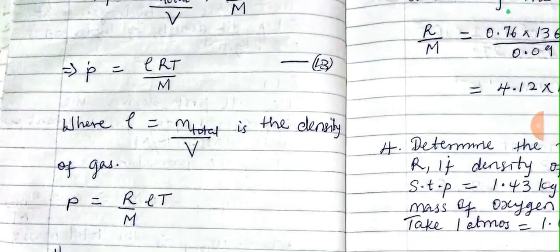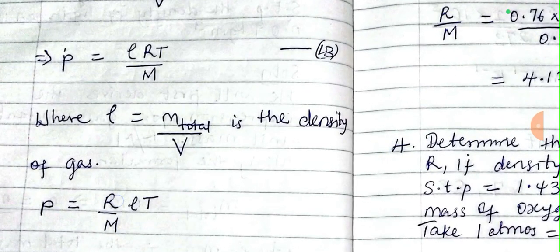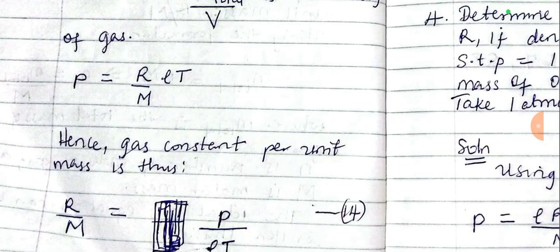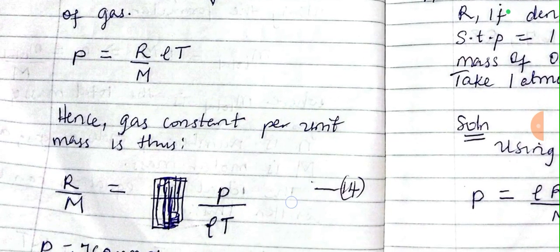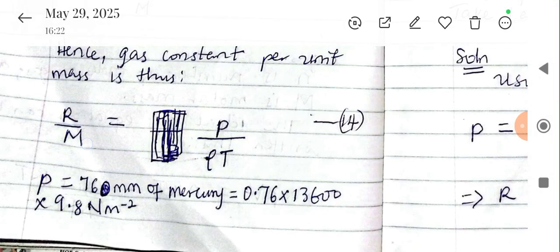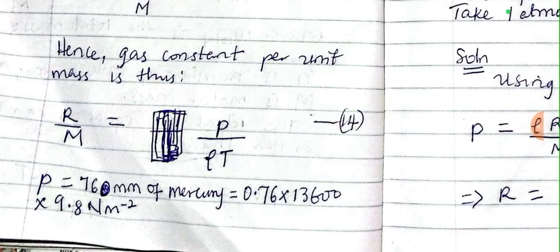So this R over M is the gas constant per molar mass. So this gas constant per molar mass, we will now make the subject of formula, because that's what you're asked to calculate. Making it the subject of formula, you will now have pressure divided by density times temperature.